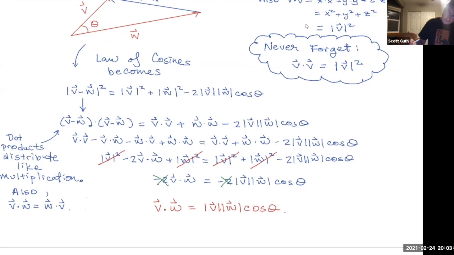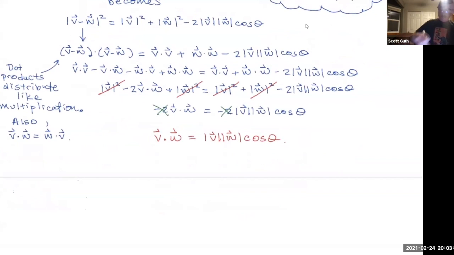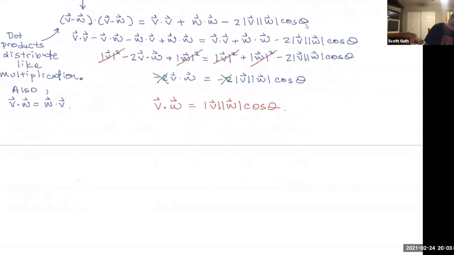So that's how you find the cosine between two vectors, basically. This is how you do trig with vectors in space. Okay, so a couple of comments. This is, I guess, a theorem.